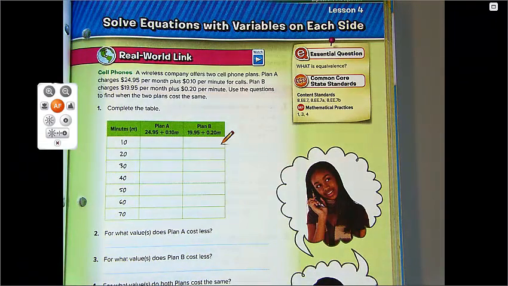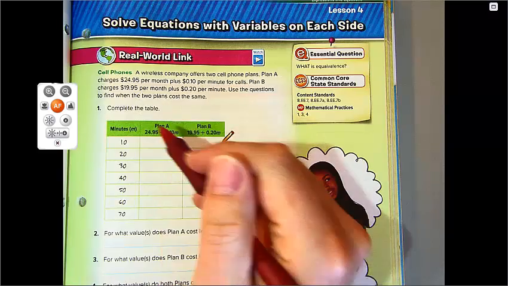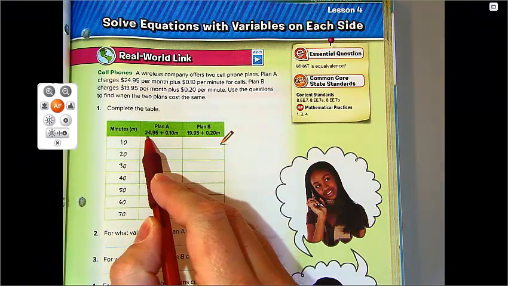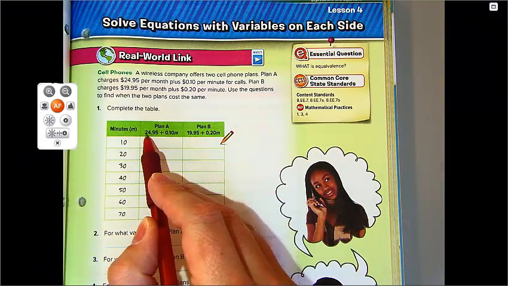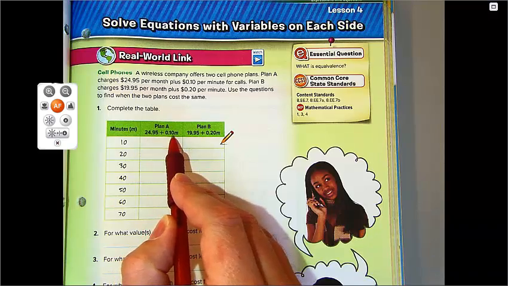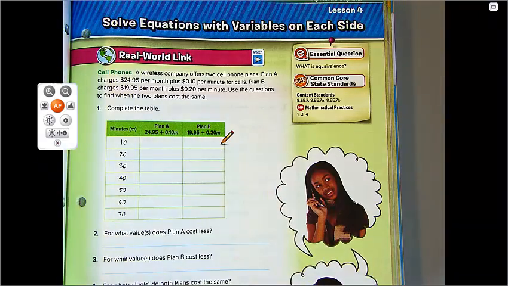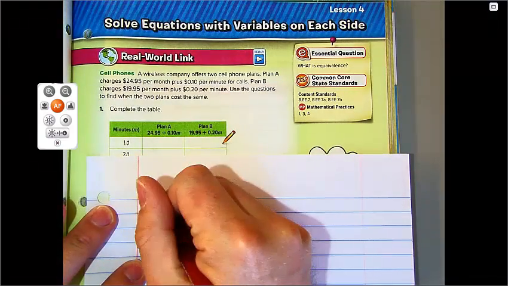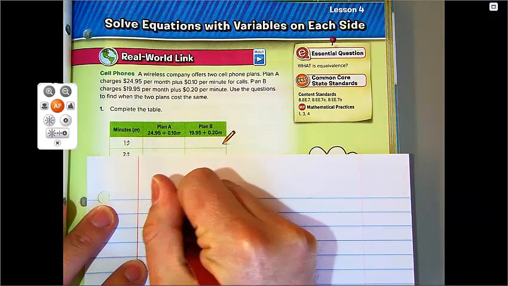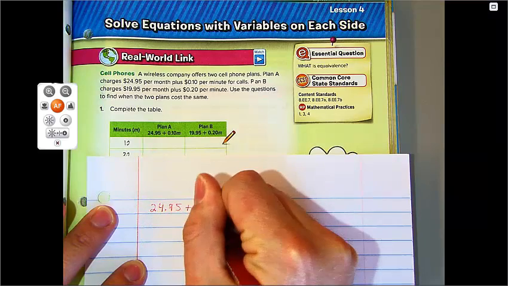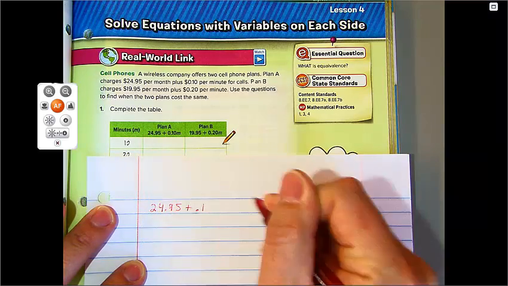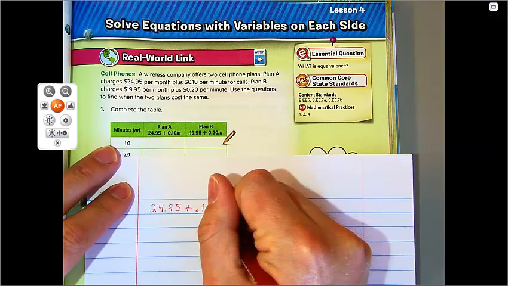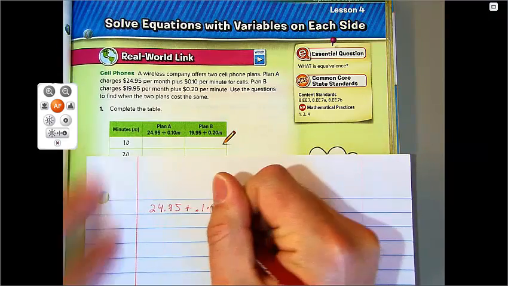What we're going to do here is basically solve a 2-step equation, plugging and chugging. So we're just going to rewrite the question. We have $24.95 plus 10 cents per minute. We'll take a separate piece of paper so we can do it neatly. I'm going to take $24.95 plus 0.1 times initially 10 minutes and solve that out.